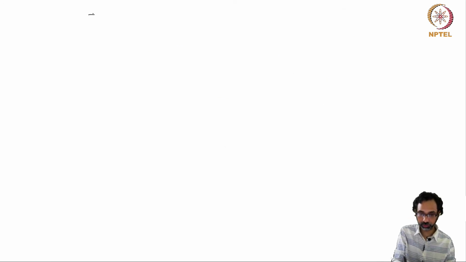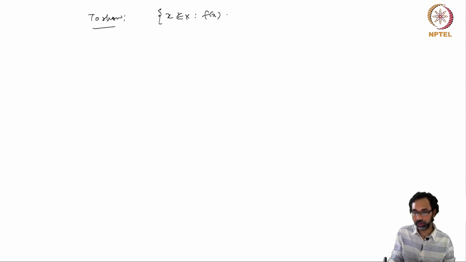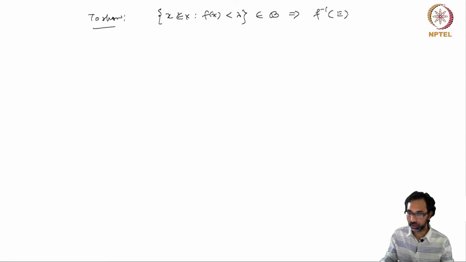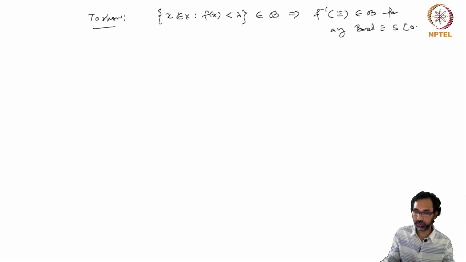So to show that if the set of x in X such that f(x) is, let's say, less than lambda is measurable, this implies that f inverse of E belongs to B for any Borel set E in [0, plus infinity].